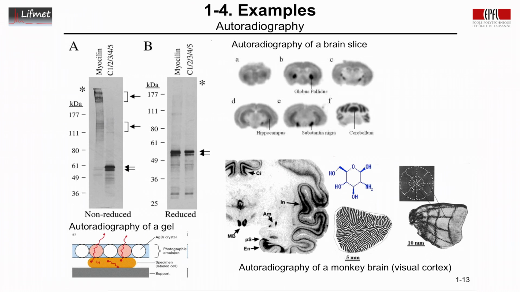When looking at this image, there's a representation of glucose uptake in his visual cortex according to the activity of what he's seeing. And what one can see here is that the uptake of glucose is high in a pattern that resembles the structure that he has been looking at.